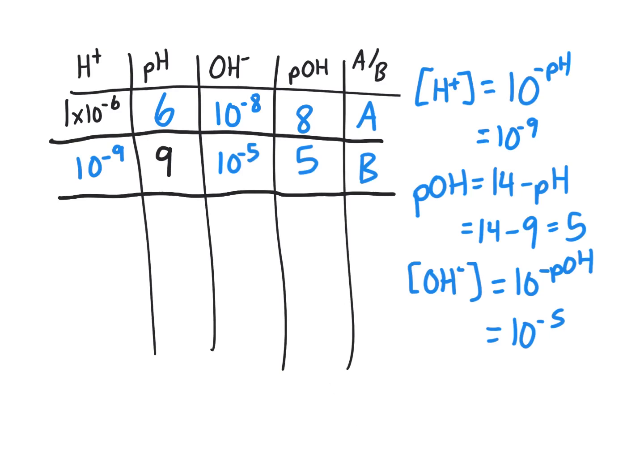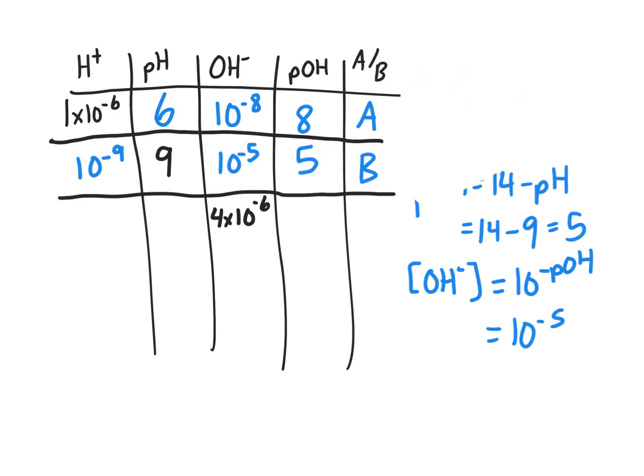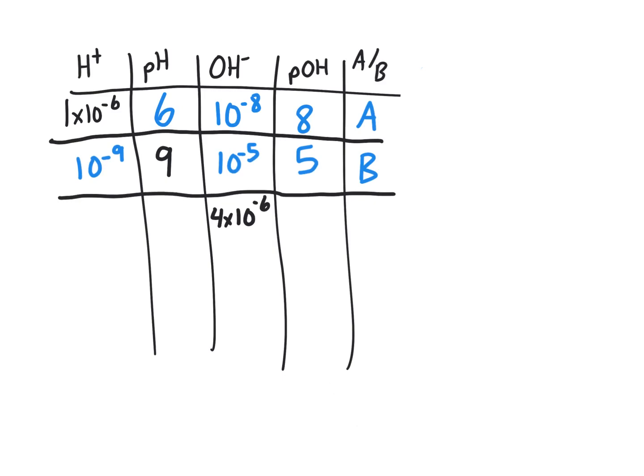So the next one, I've got OH. OH is 4 times 10 to the negative 6 on the worksheet. The first step, I'll find pOH. pOH equals negative log of OH, 4 times 10 to the negative 6.